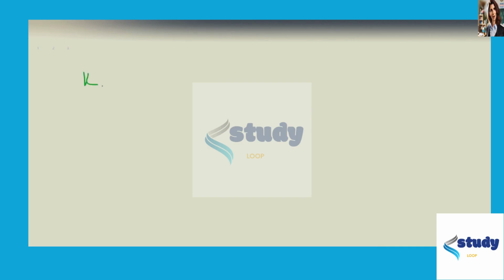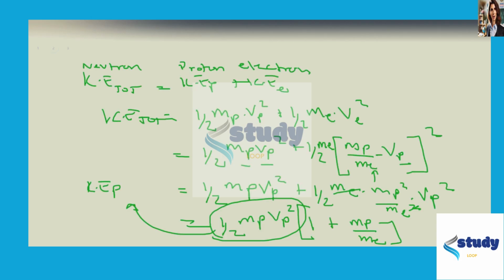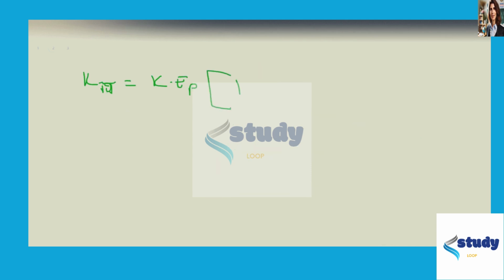And so the total kinetic energy of the system equals the kinetic energy of the proton, which is this part, times 1 plus mass of proton over mass of electron. And then we can divide both sides by the kinetic energy of the proton.